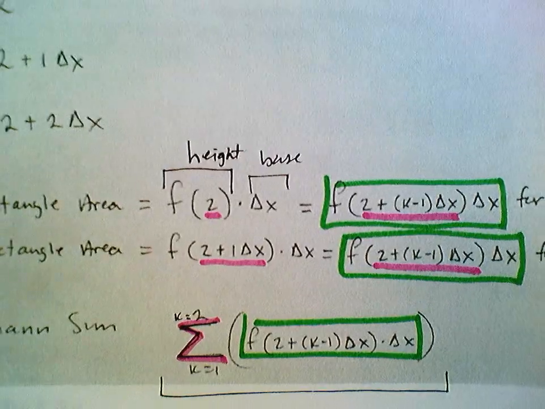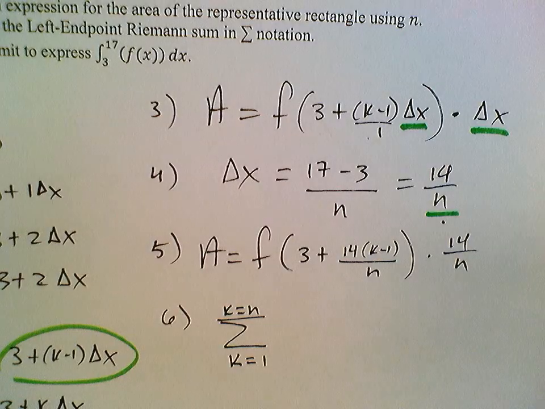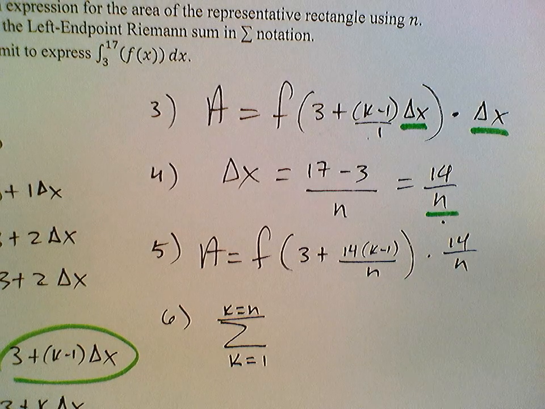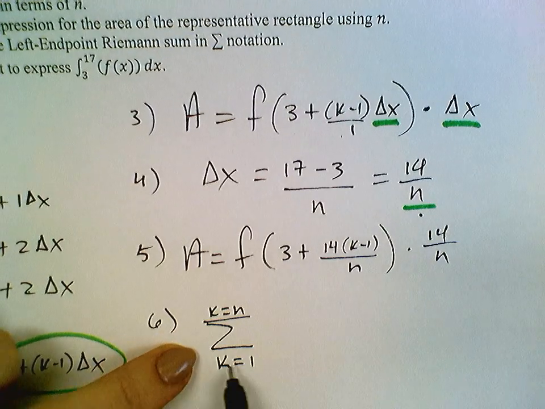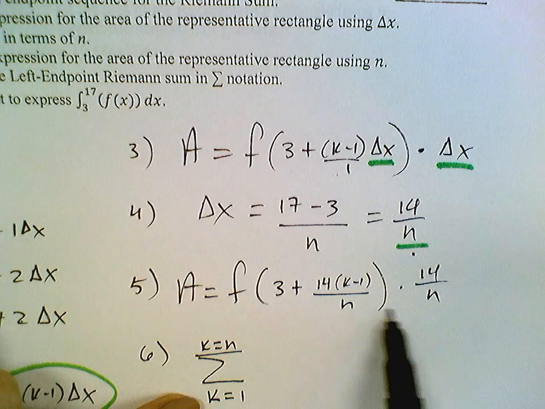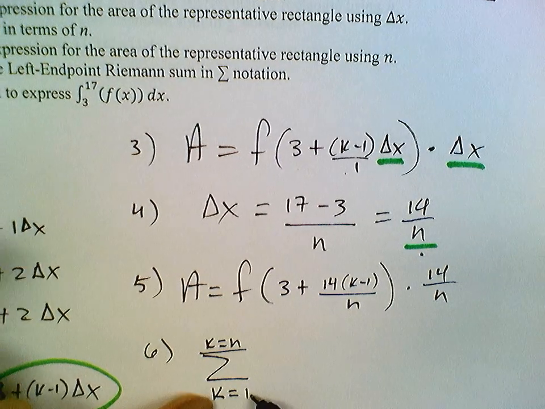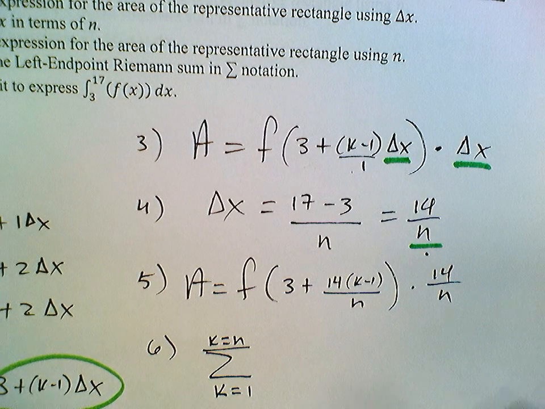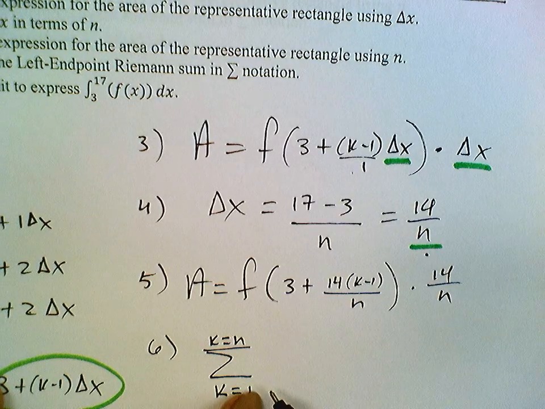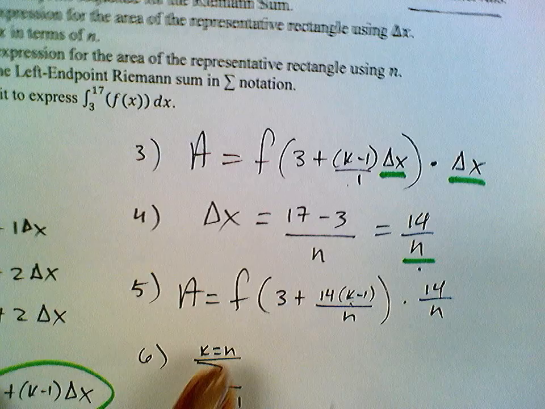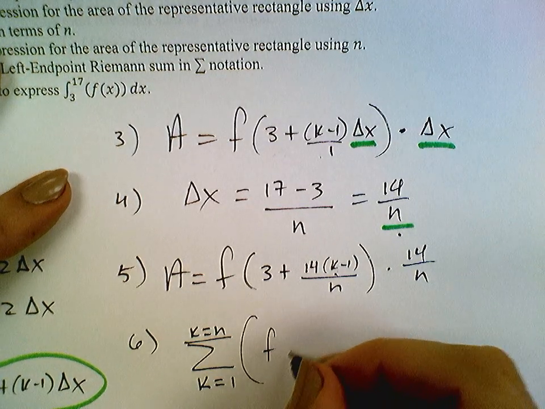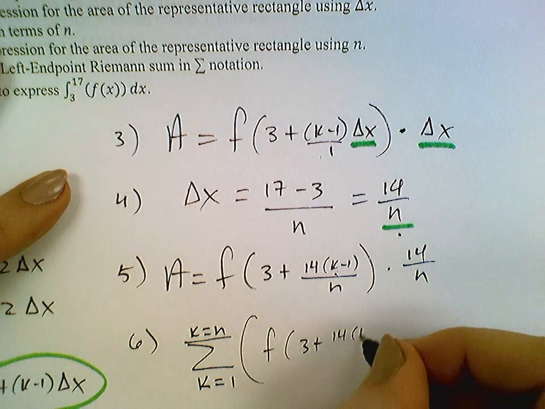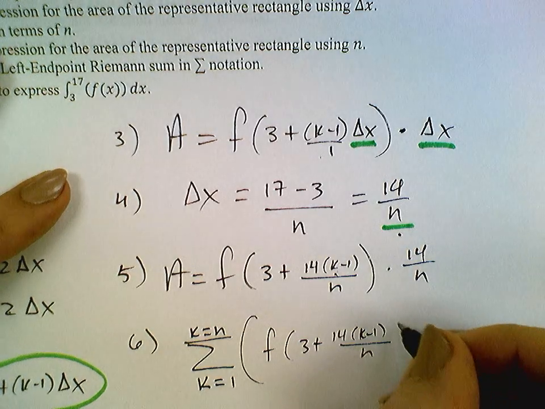Here it was 1 up to 2. If you don't understand what I'm saying now, guys, just push through and then go back and try to process it. I know that it's a lot. Then you're adding up these expressions where k is 1, k is 2, k is 3, k is 4. So 1, 2, 3, 4, 5, 6, all the way up to n go in for k separately, and then you add those things up. f of 3 plus 14, k minus 1.